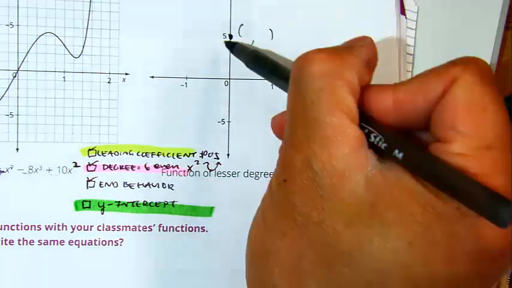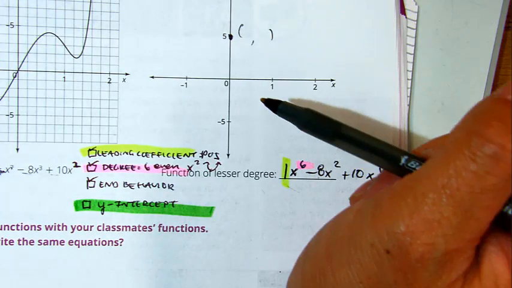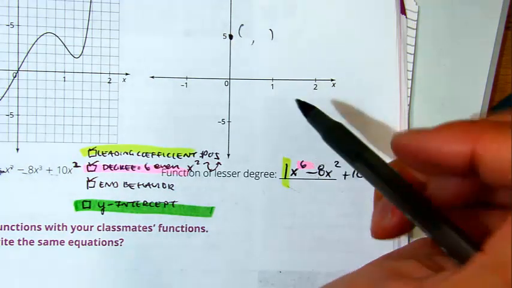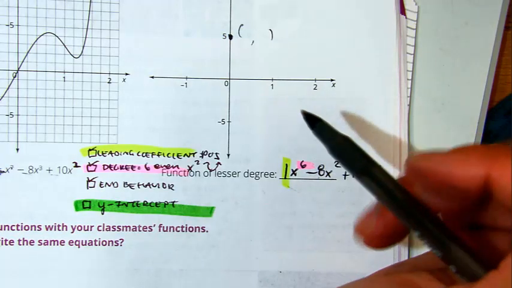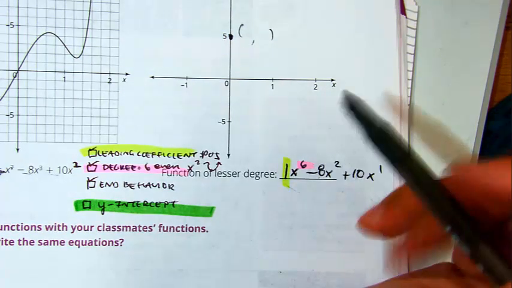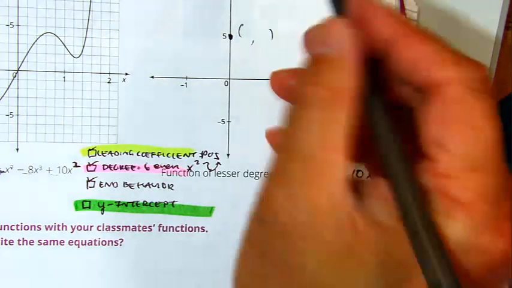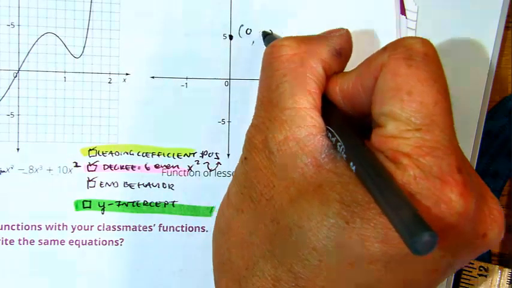What's this ordered pair? Everyone talk to your partner for 5 seconds. What's the ordered pair? Yes, Trisha. 0 what? 0, 5. Pay attention, guys.